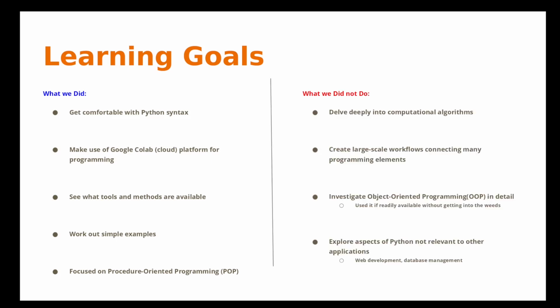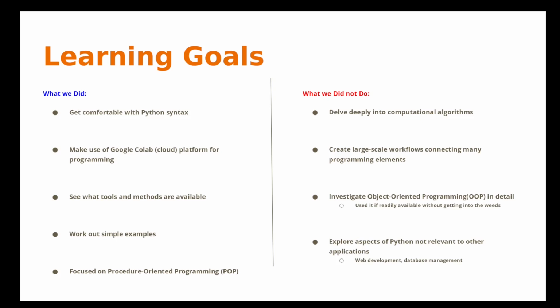What we did not do in this course is delve deeply into computational algorithms. We did not create large-scale workflows connecting many programming elements. We did not investigate object-oriented programming in detail, but we used it if it was readily available through libraries, and also saw a basic introduction to the various methods that objects have, as well as the attribute values that they have and how to access them using the dot notation.